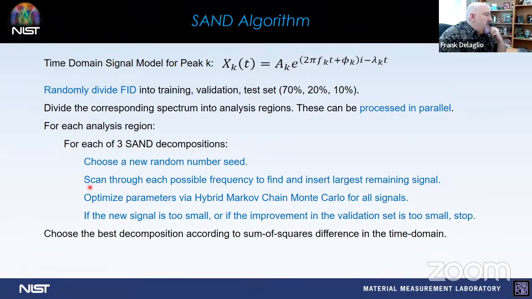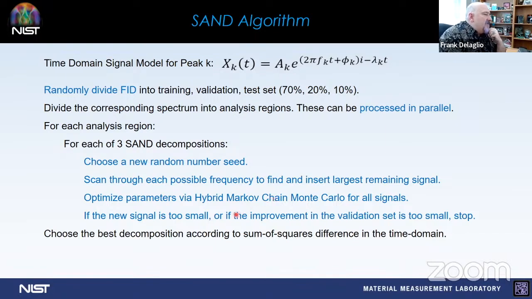And what we do in this analysis is, for a particular region, we scan through each possible frequency position in that region and find out where the largest signal is likely to be. So we insert that signal and optimize its parameters by basically random coin flipping that we call the Markov chain Monte Carlo method.